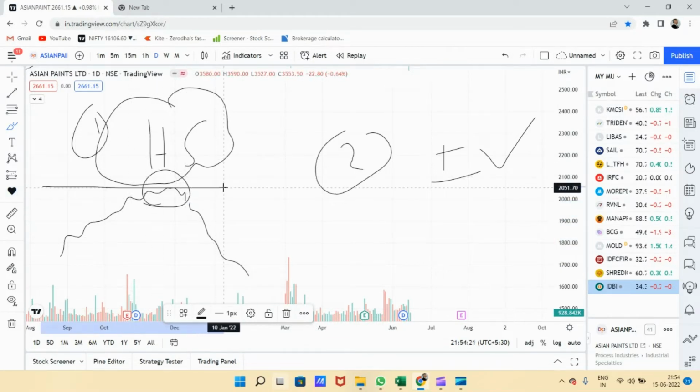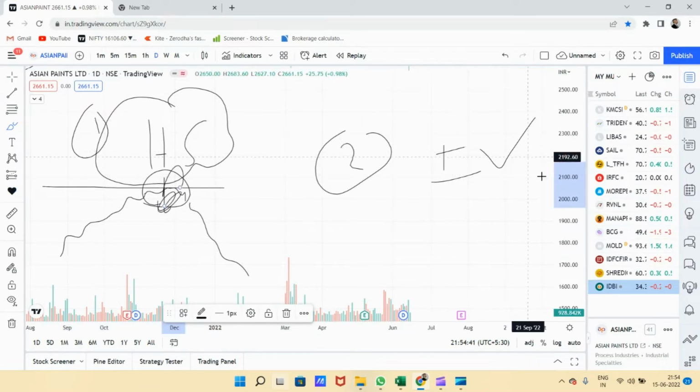It's only valid when it happens on a supply zone or when it creates a supply zone itself. So it's only for the downtrend, guys, I mean the change of trend for a short period or a long period.